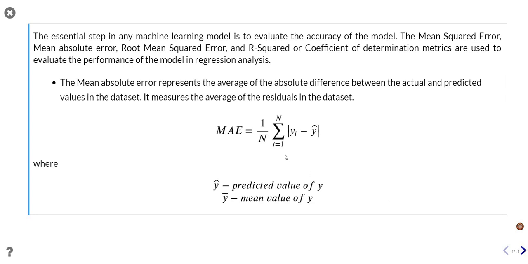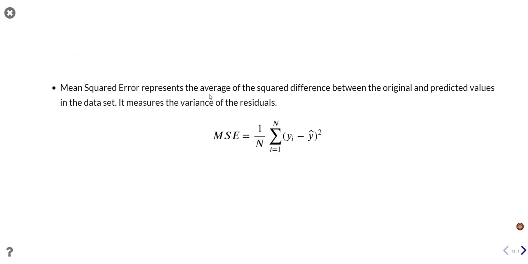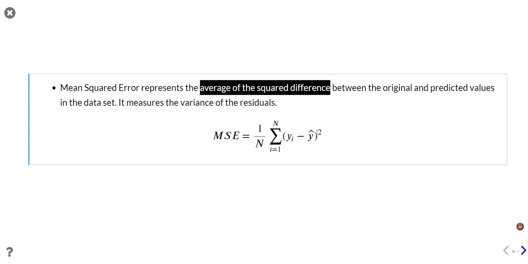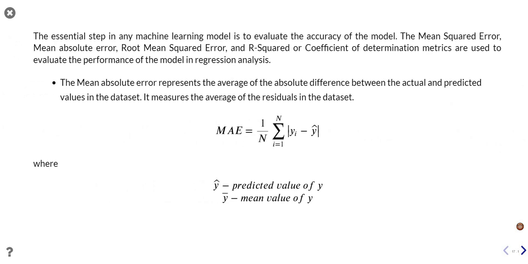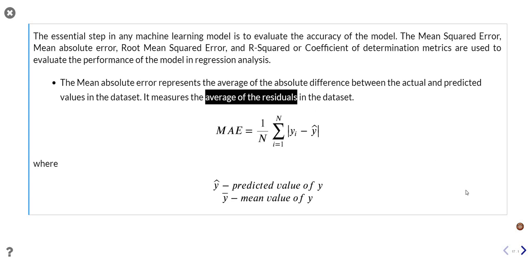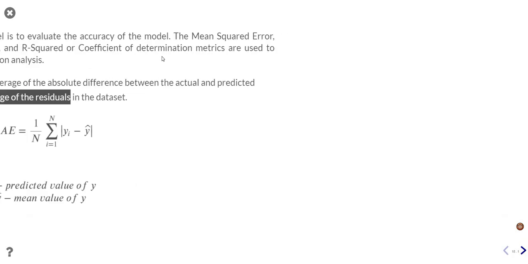The next one is the mean squared error. It is almost the same, but it takes the average of the squared difference. Here you can see it is taking the squared difference, the distance between the original and the predicted. Earlier, the mean absolute error measured the average of the residuals in the dataset.